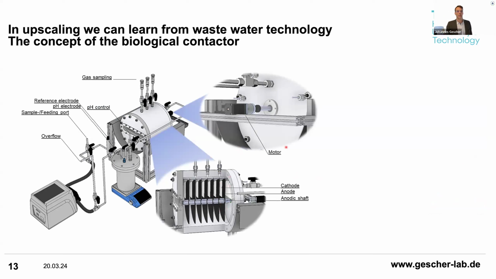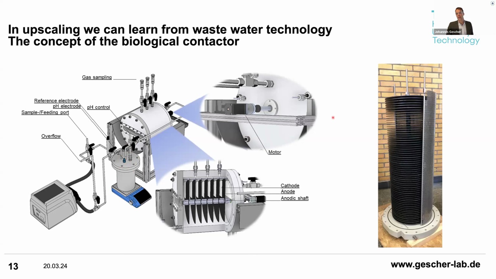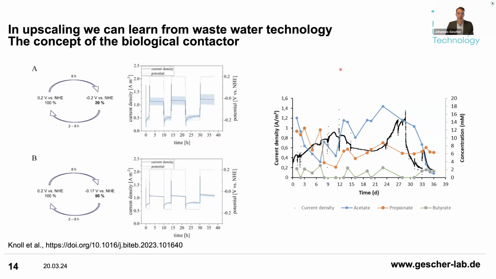The discs turn around with a motor, and we can increase motor speed, thereby increasing shear force and compressing the biofilm. We also have a mixing vessel in order to adjust pH. We did experiments with this in 10-liter scale, and we also built these reactor systems in collaboration with colleagues from the KIT to 100-liter scale.